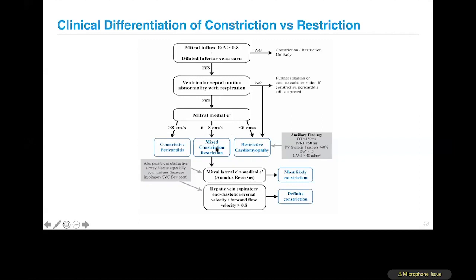You may need more information using strain, using multimodalities. You also may try to look towards other features. For example, if you have hepatic vein expiratory flow reversals, then that's really helpful to diagnose constriction. If you have annulus reversus, then it's again helpful for diagnosing constriction.